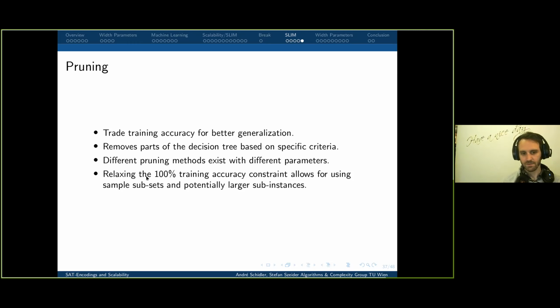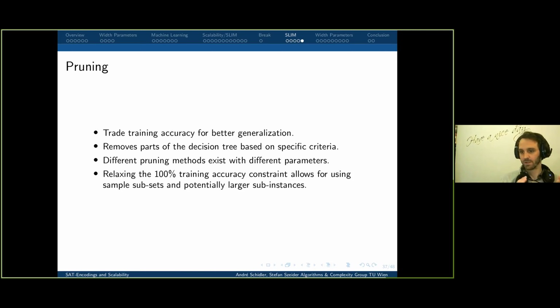And the next thing is what Jakob asked in the first part: what if we allow for some misclassifications? Then we have a lot of new options, which is kind of exciting, because we can select larger sub-instances.